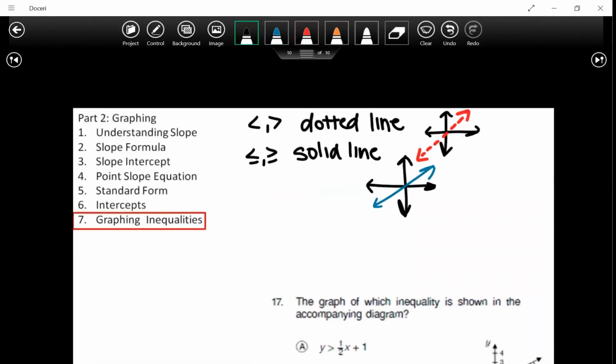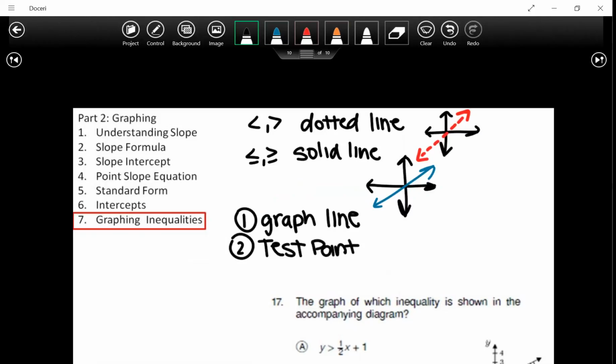To graph it, we usually just say: graph the line, then test point. Our test point that we're usually going to use is (0, 0). We're not going to do anything off it where it crosses the line, so I'm just going to keep it at (0, 0).